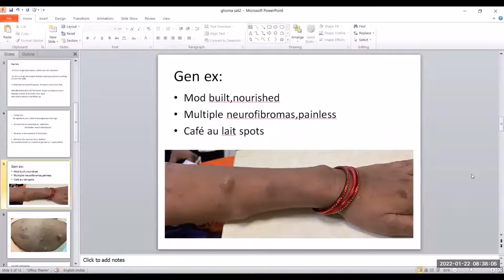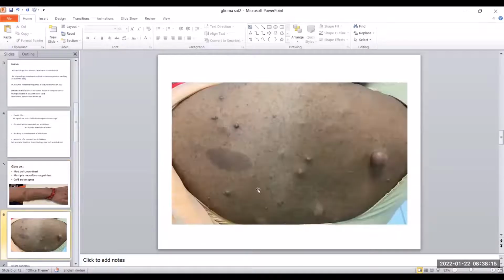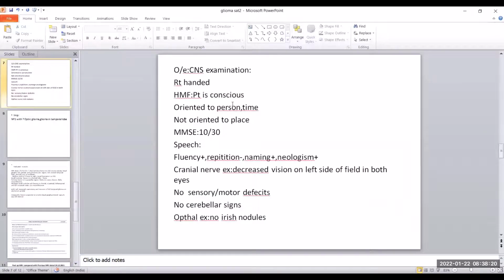On general examination, she is moderately built, moderately nourished, and she has multiple painless neurofibromas, and there are café-au-lait spots. These are neurofibromas, and these are café-au-lait spots. On CNS examination, she is right-handed. Higher mental functions: she is conscious, oriented to person and time, and not oriented to place.